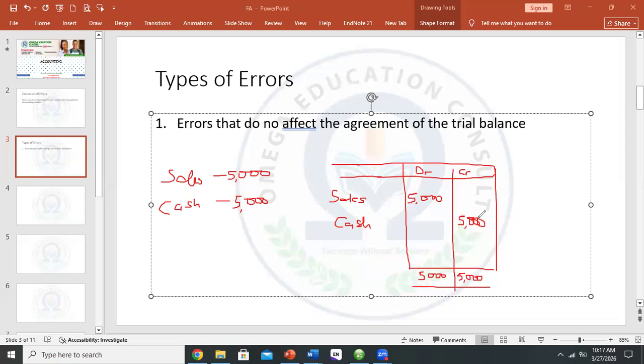Prof. Zoe, what would you say about this trial balance? The silence means that there's an issue, so I really have to take my time.